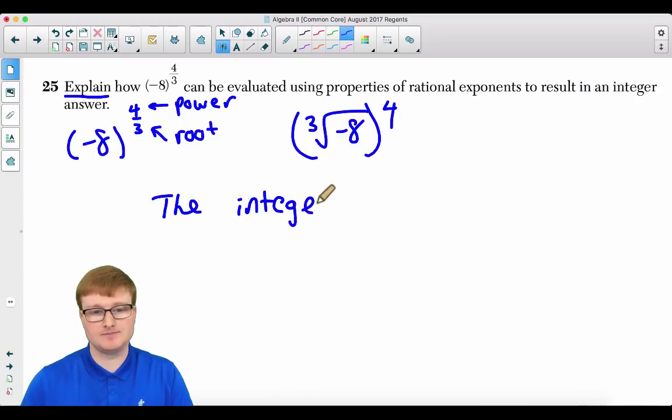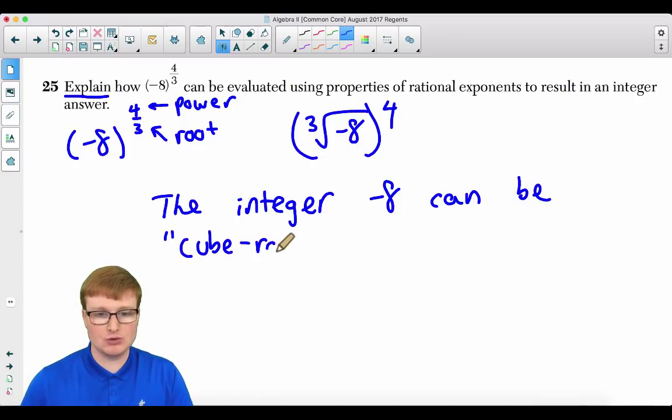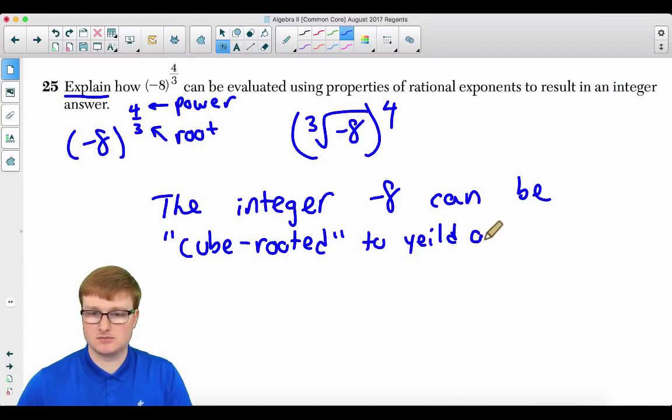So in order to explain this, you could just say this. The integer -8 can be, and I'll put this in quotation marks, cube rooted to yield a result of -2.